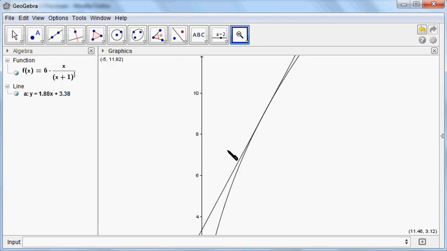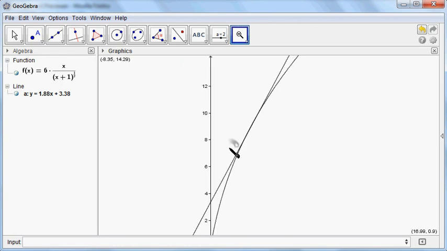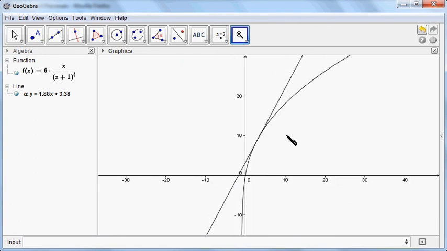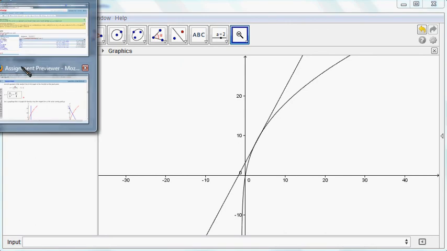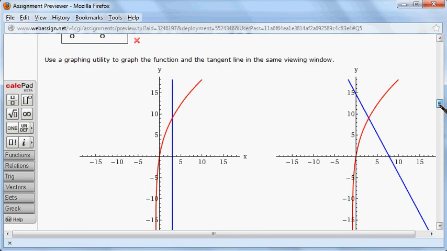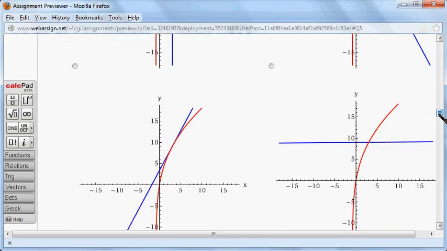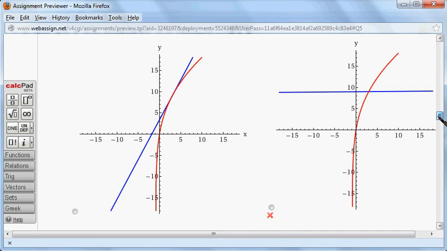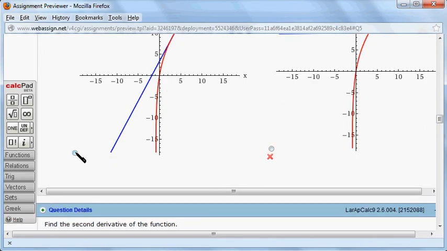Now you can see that this is a graph and you have a tangent line there. Looking at the graphs, the first one is not even a tangent line. Second one, no. Third one looks promising, and fourth one, again, is not even a tangent line. So it's got to be this one right there.